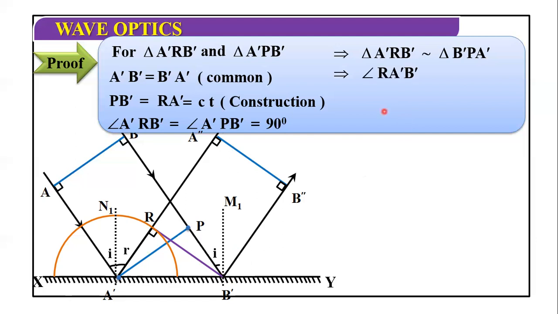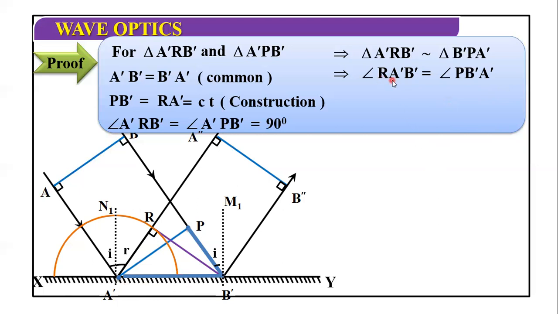Then we can write that corresponding angles are equal. The corresponding angle of this angle R A dash B dash is P B dash A dash. Both angles are equal.